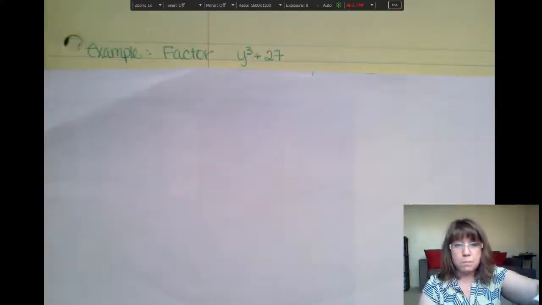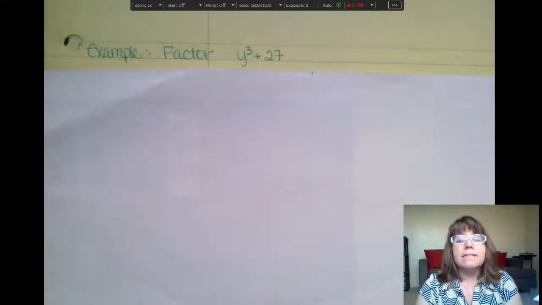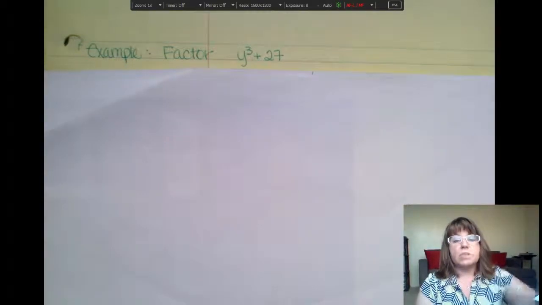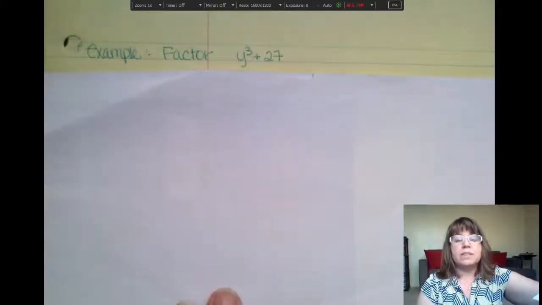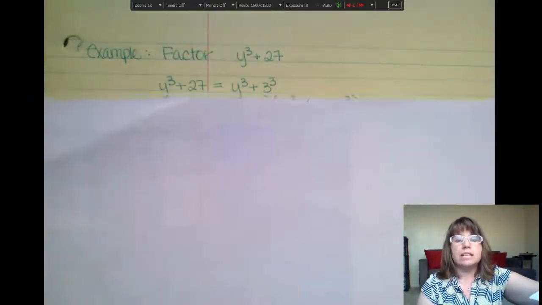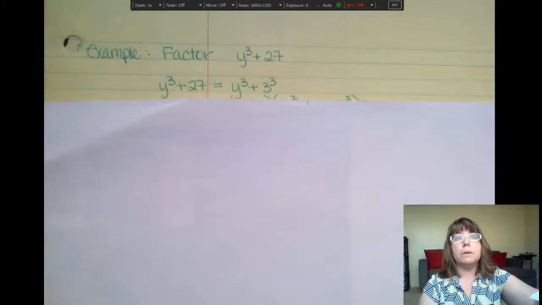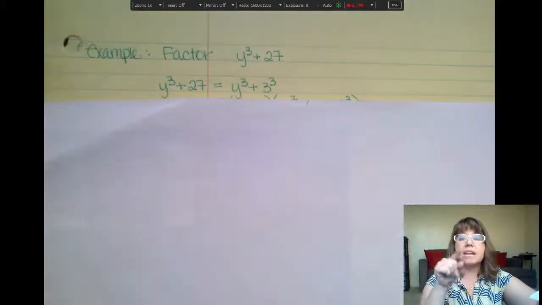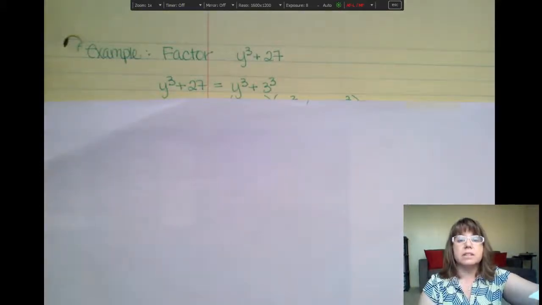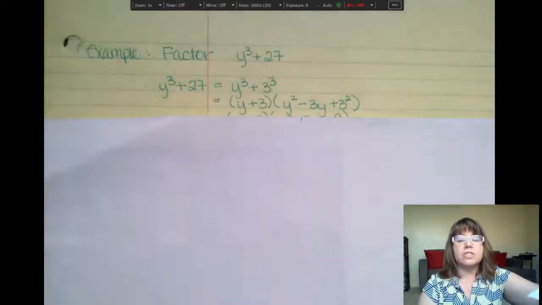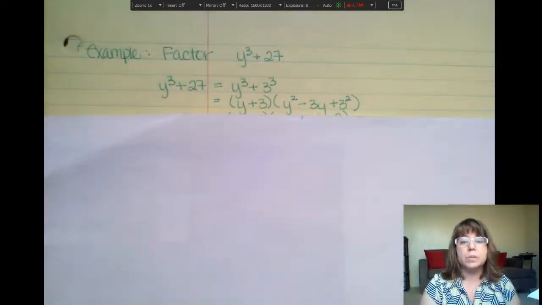Let's try another problem. Let's factor y cubed plus 27. Now 27 is 3 cubed, so we could write it as y cubed plus 3 cubed. So it's the sum of two cubes. If you remember, our signs will go positive, negative, positive. So the first term is y plus 3.